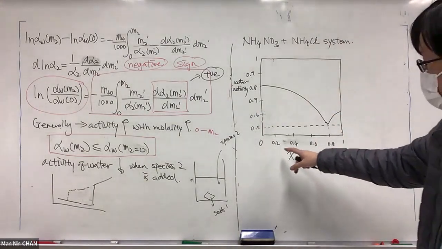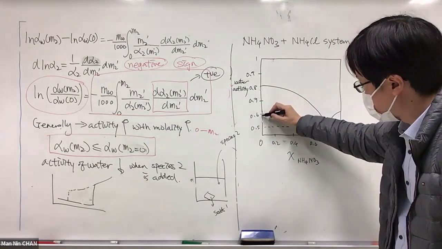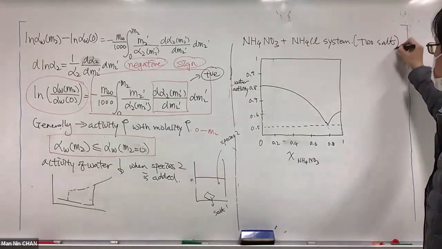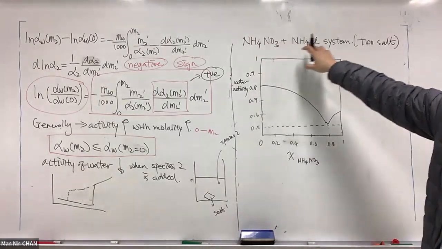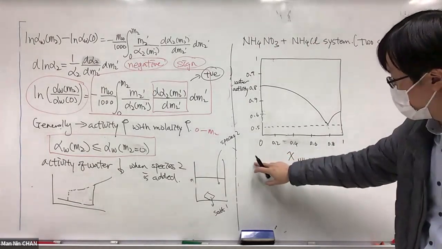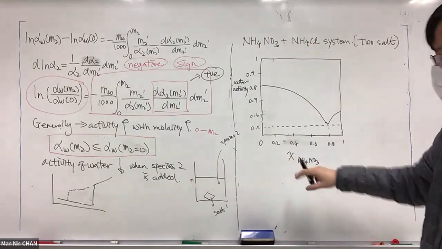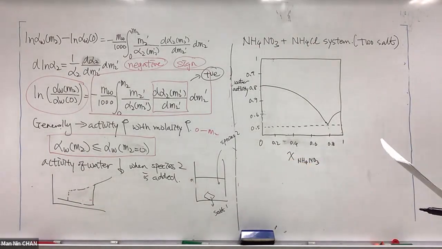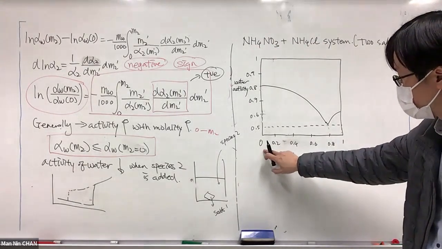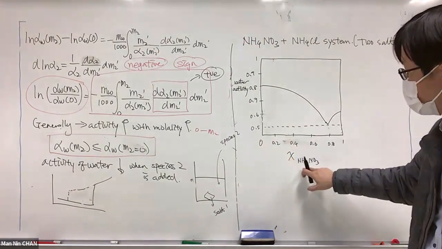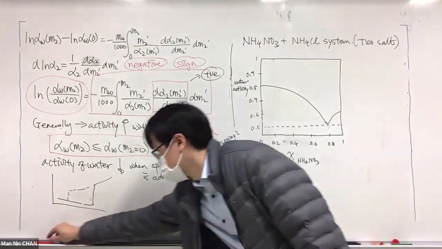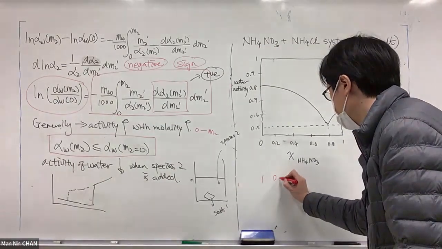Now if you look at the x and y axes, remember we have a two-salt system: ammonium nitrate and ammonium chloride. On the x-axis here, this is the mole fraction of my ammonium nitrate. So when this is 0, that means I don't have any ammonium nitrate.